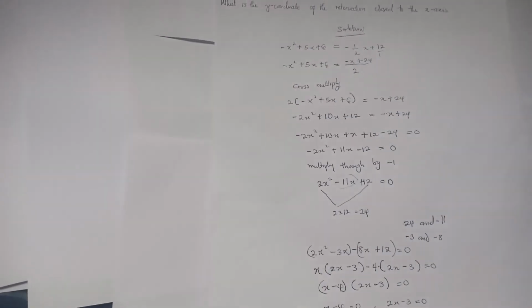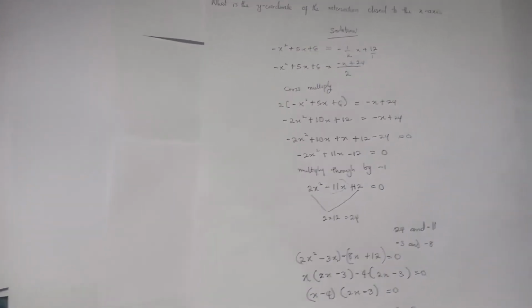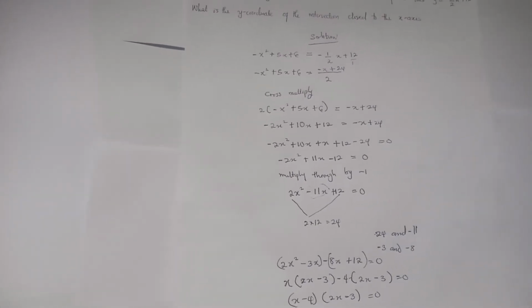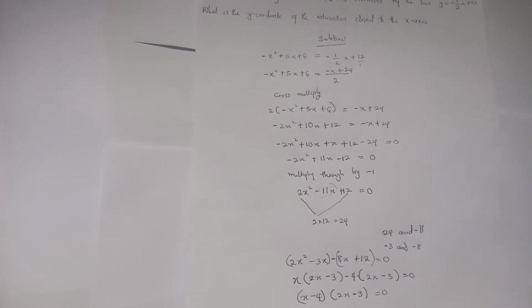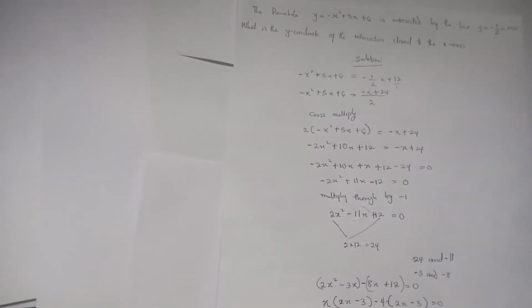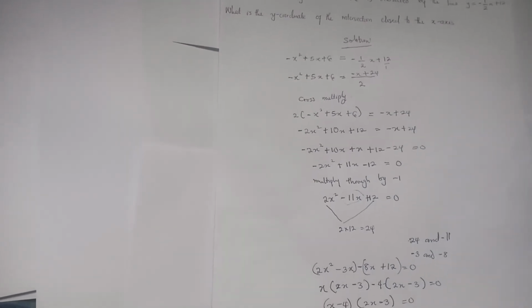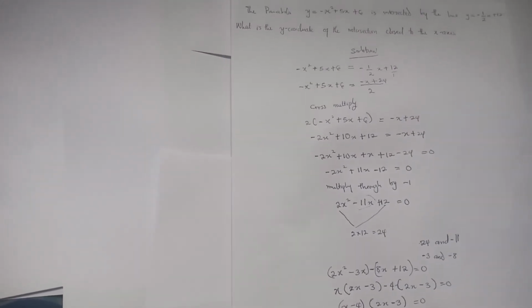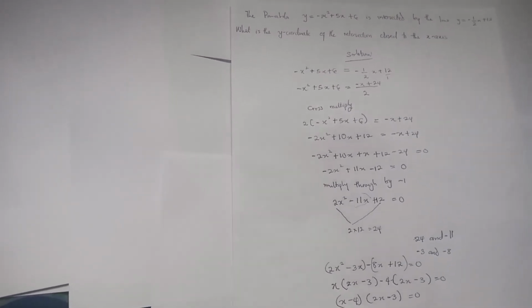Now remember the lines equation we are given. We have two line equations. Just pick any of those line equations and substitute these values we have on ground. Now let's pick this equation, which is minus x squared plus 5x plus 6.